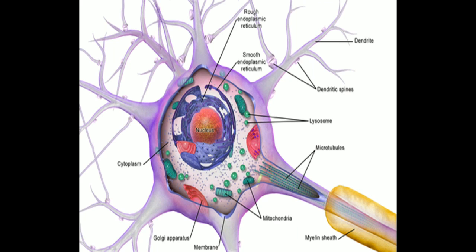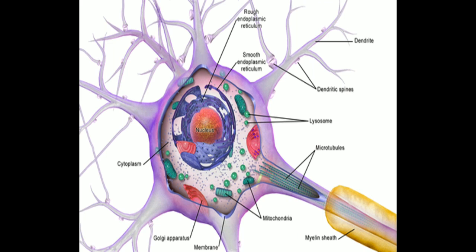Then you will find the cell body gives out two types of processes, dendron and axon. Talking about dendrons, dendrons are short branched processes. You will find fine branches of dendrons present around the cell body, and these branches are called dendrites.